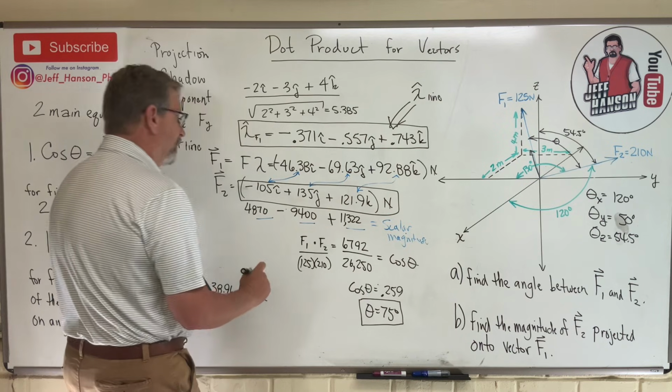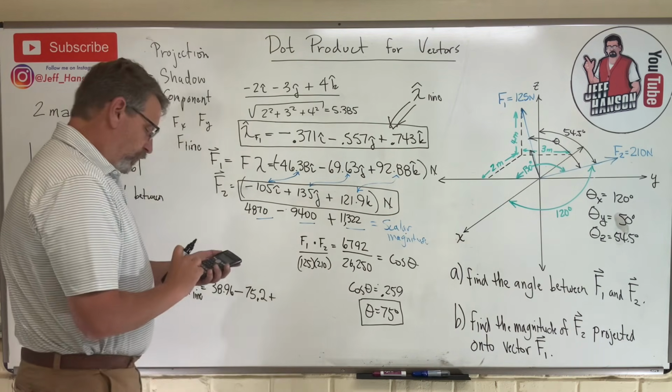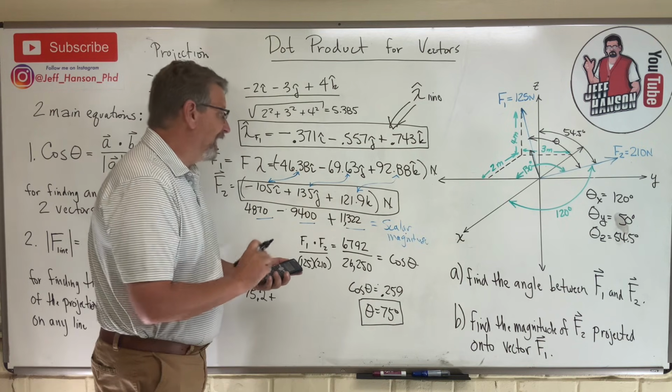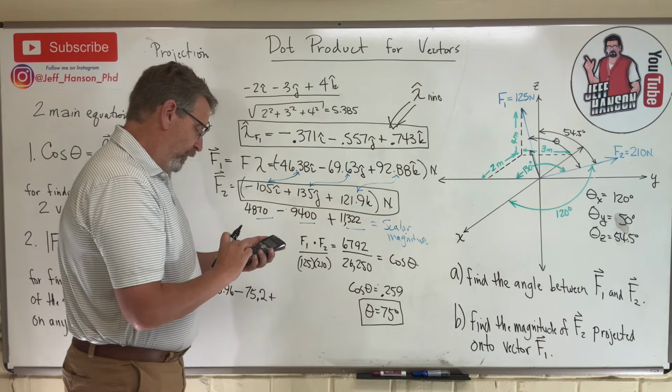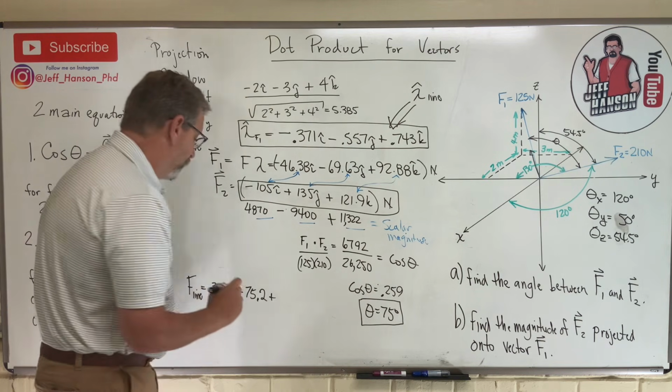Okay? And then what? I got a positive and a positive. That's a positive. 121.9 times 0.743 equals 90.6.